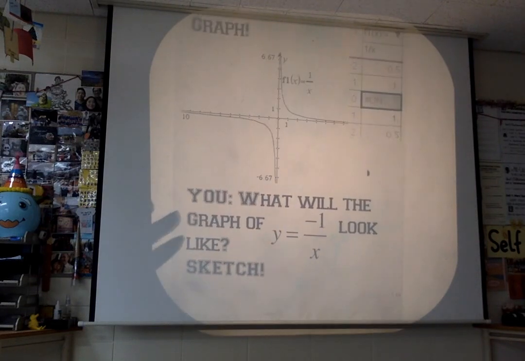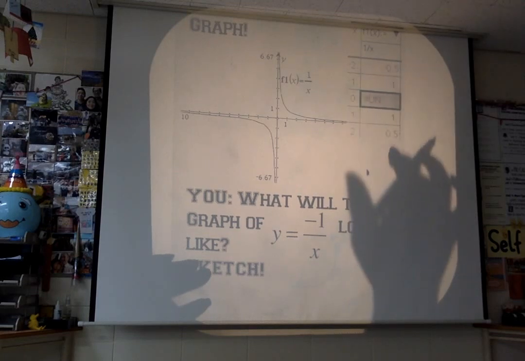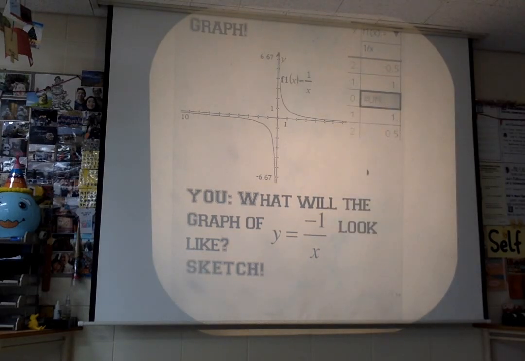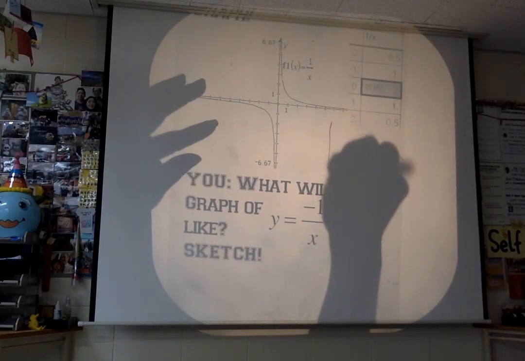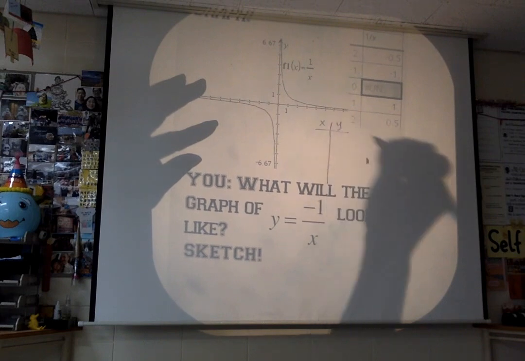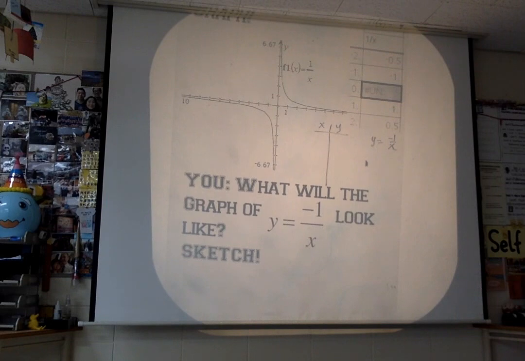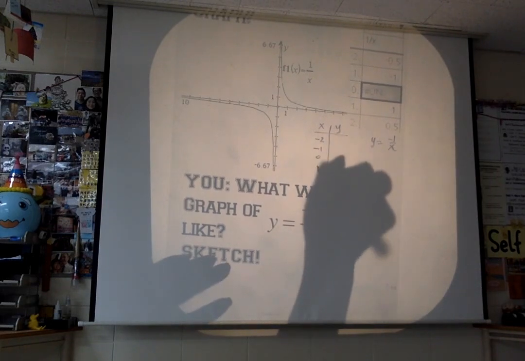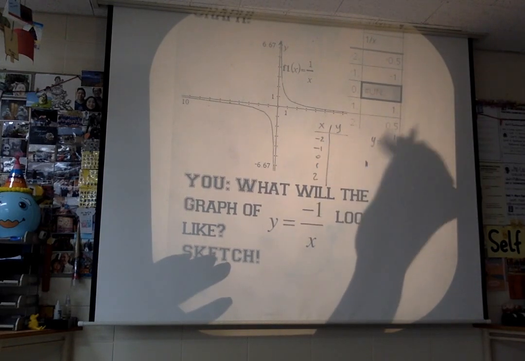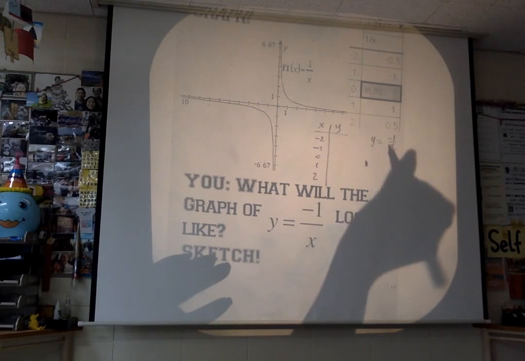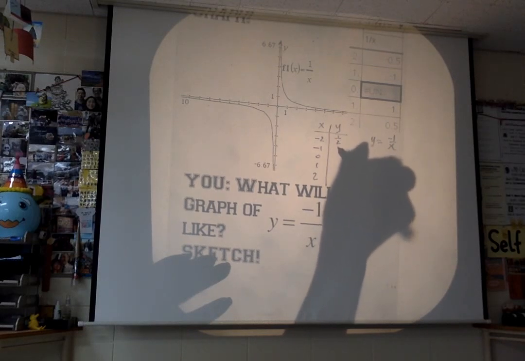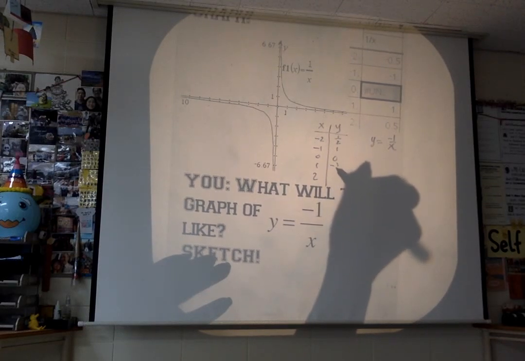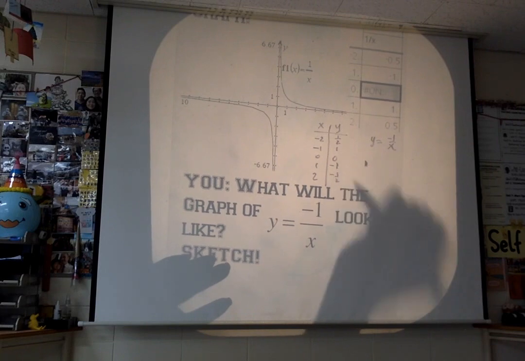But what about if I do -1/x? Think about what happens to each of these values. Think about what happens to your x and y when you have this. You're right, what used to be negative becomes positive, and it becomes negative here.